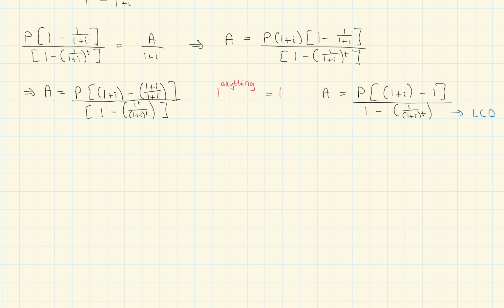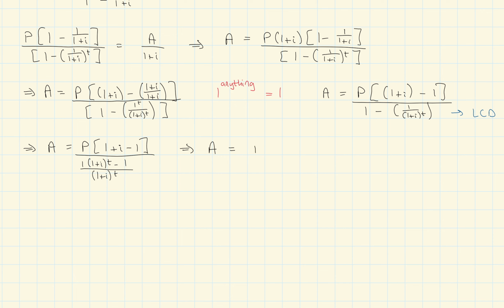So now we tidy that up. A is equal to, we'll leave the top line as is for now. So that's 1 plus I minus 1. And for the bottom line, it'll be 1 multiplied by 1 plus I to the power of t minus 1 all over 1 plus I to the power of t.